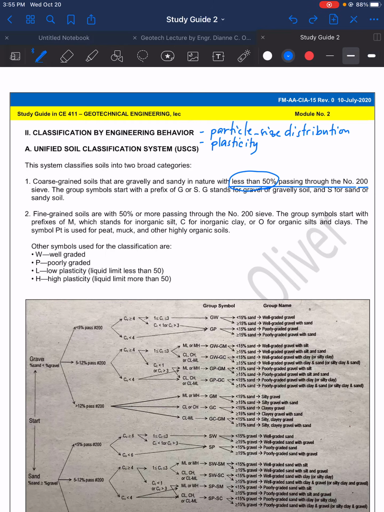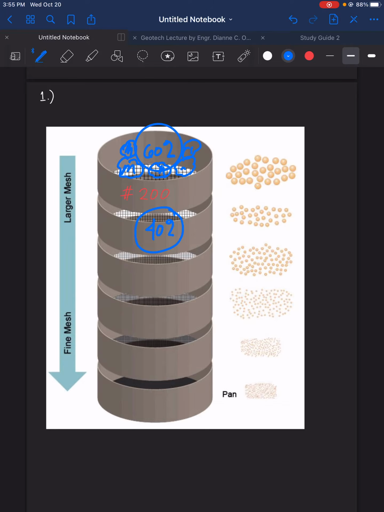So if this is the number 200 sieve here, instead of 60% retained and 40% passing, we can say that what passes is 60% and what is retained is 40%. Meaning, more particles pass through the wire mesh.